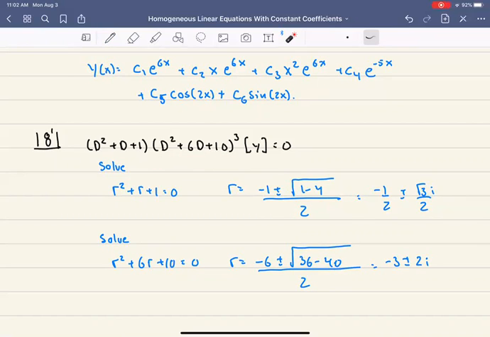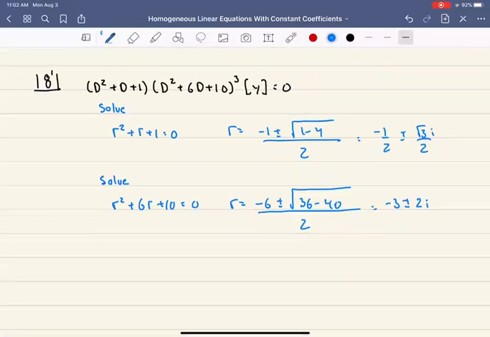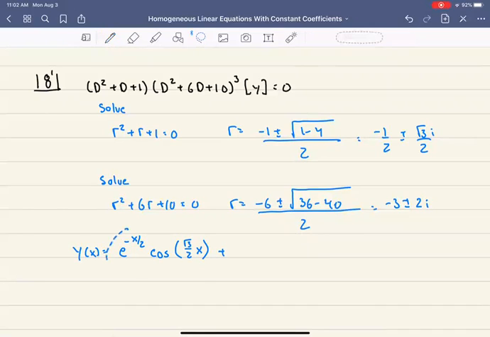So now let's start writing our general solution. So our y of x equals c1 e to the negative x over 2 cosine square root of 3 over 2 x plus, ooh, I should have had a c1 there. Sorry about that.